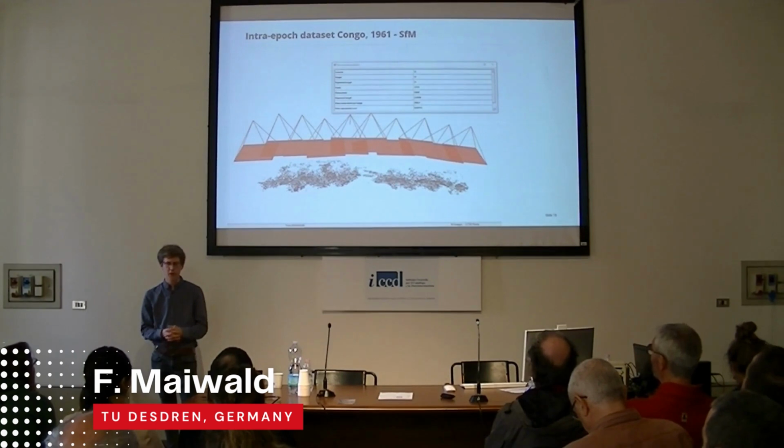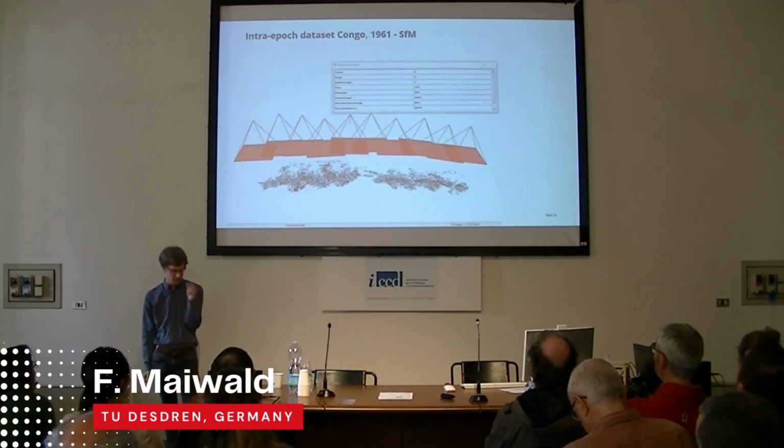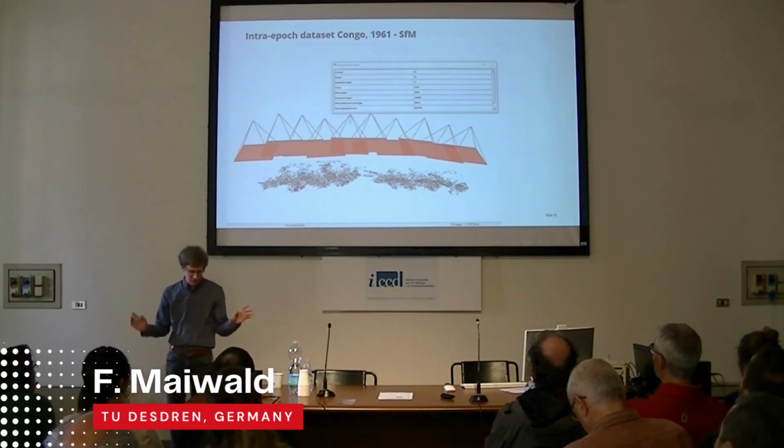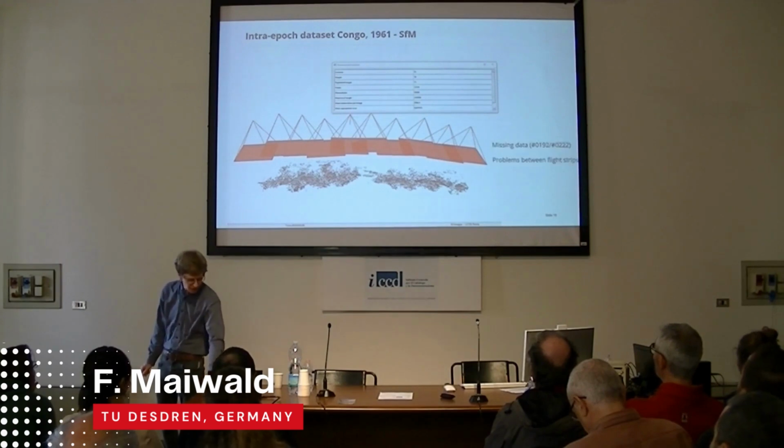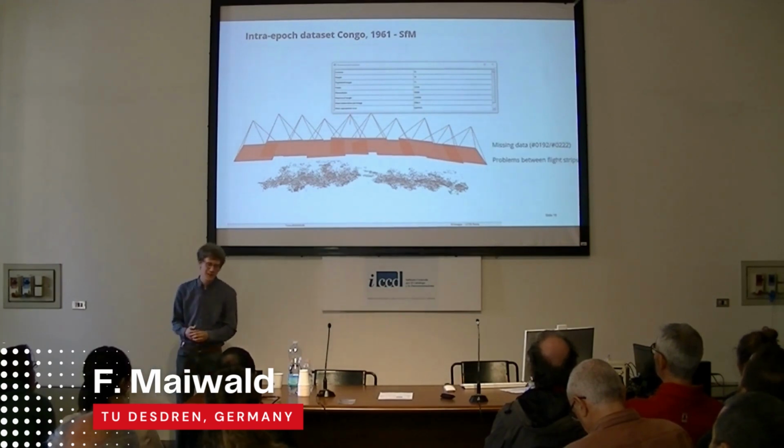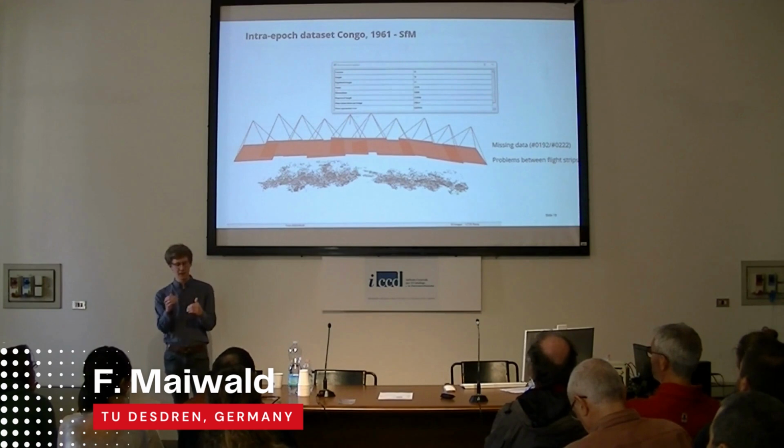As I mentioned, we had 27 images, and this is the longest flight strip I received, with only 10 images. Just last week I asked Denis what we can do, because the data is numbered, and there's a gap between 192 and 222, and there's no overlap between the flight strips.